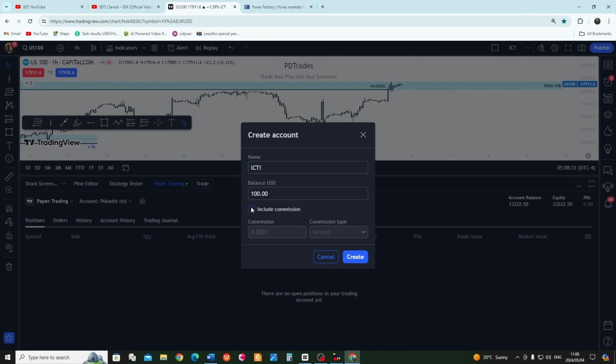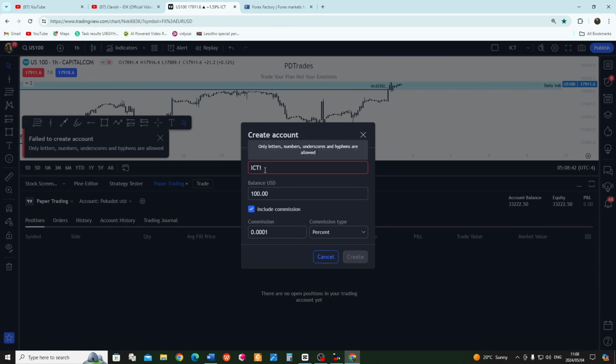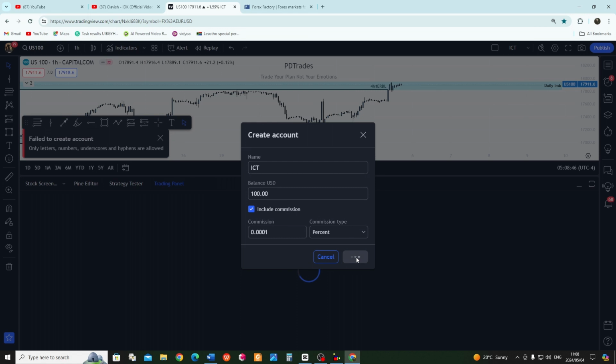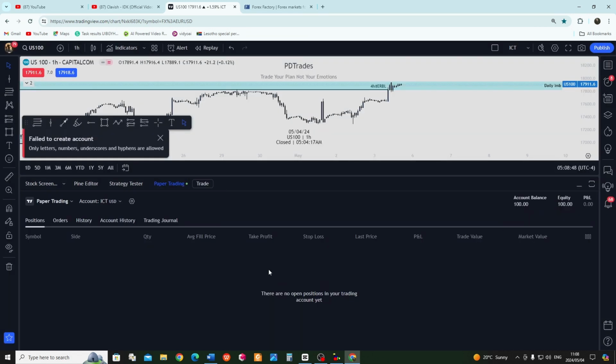Then you choose whether to include commission in percentage or fixed, and then I create. It's simple. After doing that, you already have a $100 account, so when you trade, you're trading as if it's your $100 account.